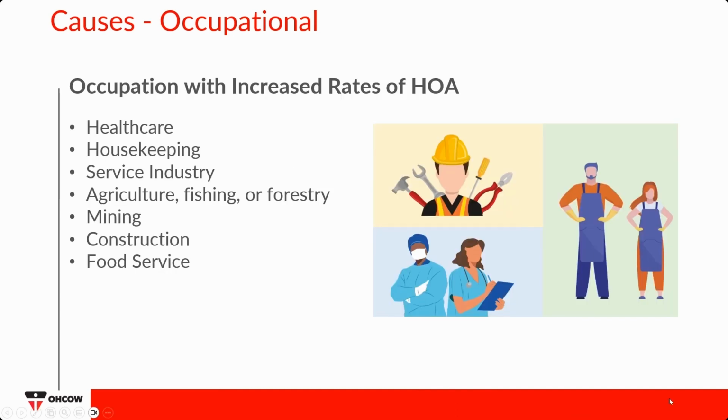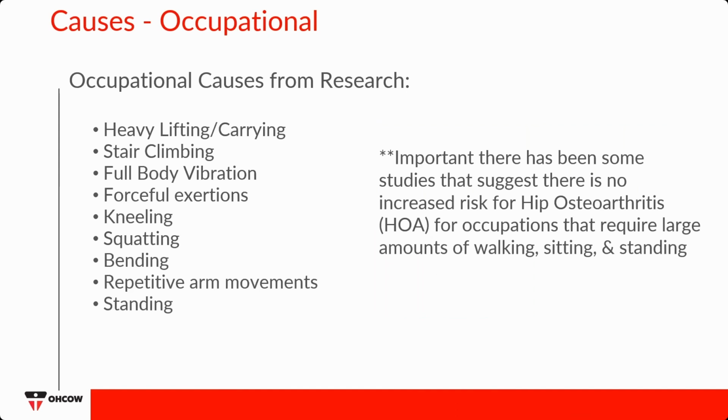In researching for this presentation and looking at the different occupations that have higher rates of hip osteoarthritis, some of the common occupations seen were healthcare, housekeeping, service industry, agriculture, fishing and forestry, mining, construction, and food service.